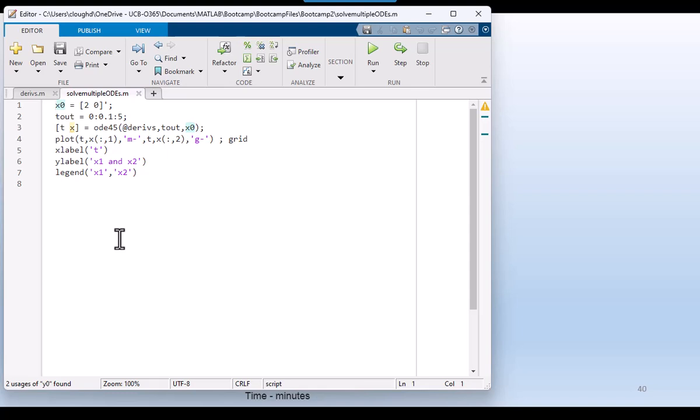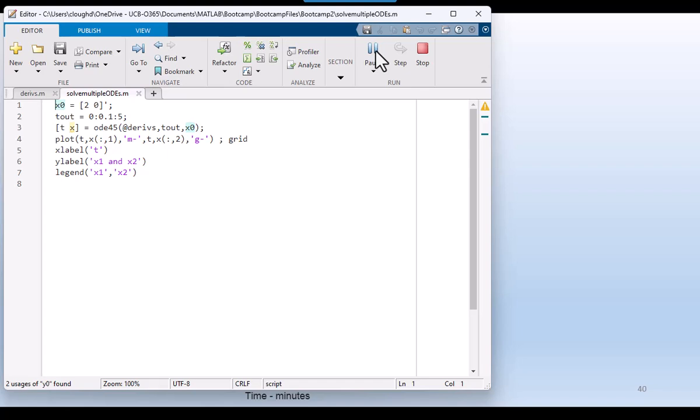And here we set up the solution from 0 to 5 in steps of 0.1. And we call ODE45 with our derivatives function, our span of results that we want, and our initial conditions. We get to the end and we plot our results.